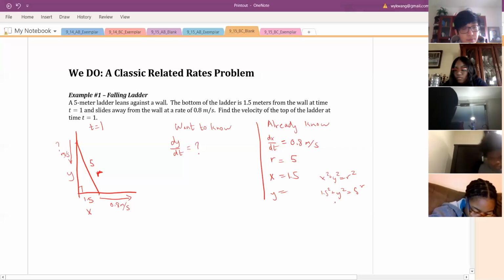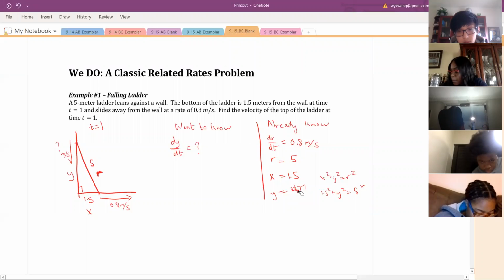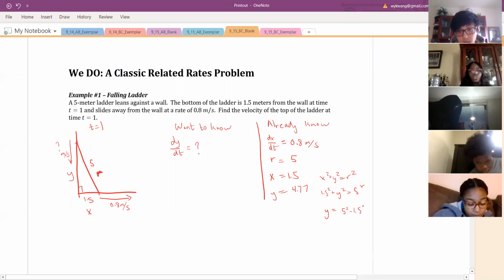I have this already solved, but basically y is equal to the square root of 5 squared minus 1.5 squared. And then if you solve for this, you get y equals 4.77. Okay, so these are basically all the values we know. And we want to find dy over dt.